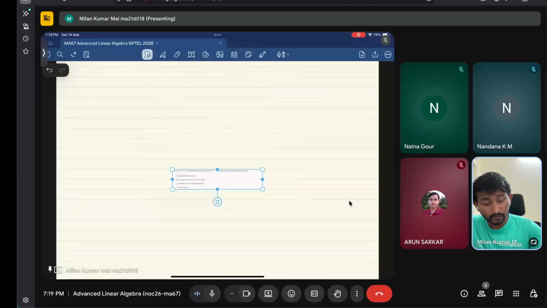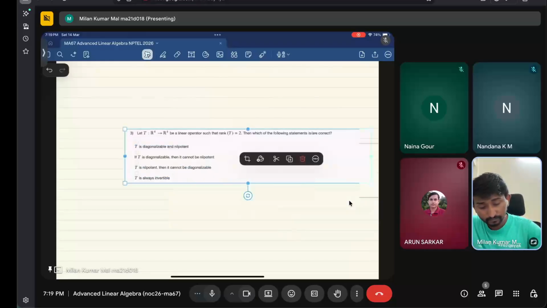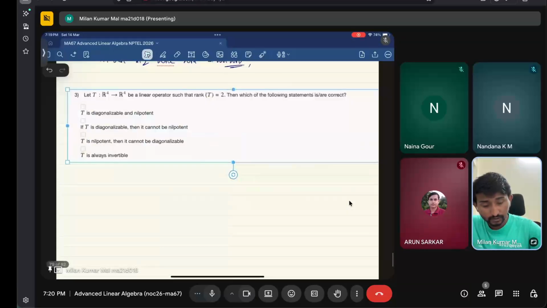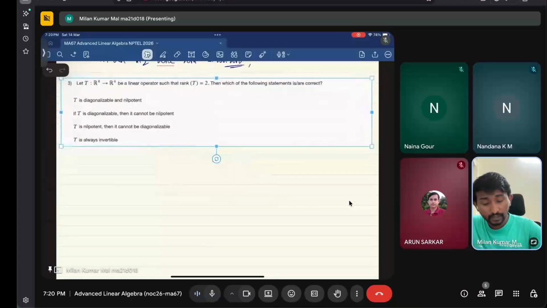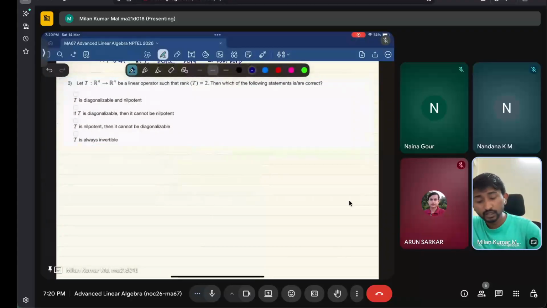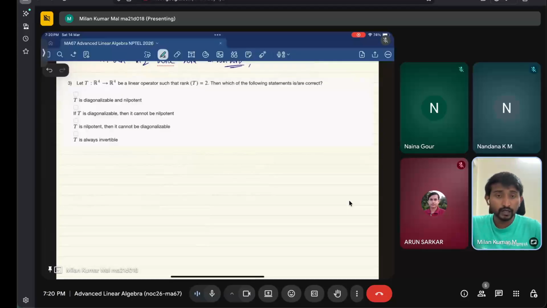So let's go to the next problem. Sometimes questions will be asked, nowadays in mostly competitive exams, that will not ask you to give the Jordan canonical form, because those days are already gone. Right now they ask you some questions where the answer will be easy if you try to find the Jordan canonical form.